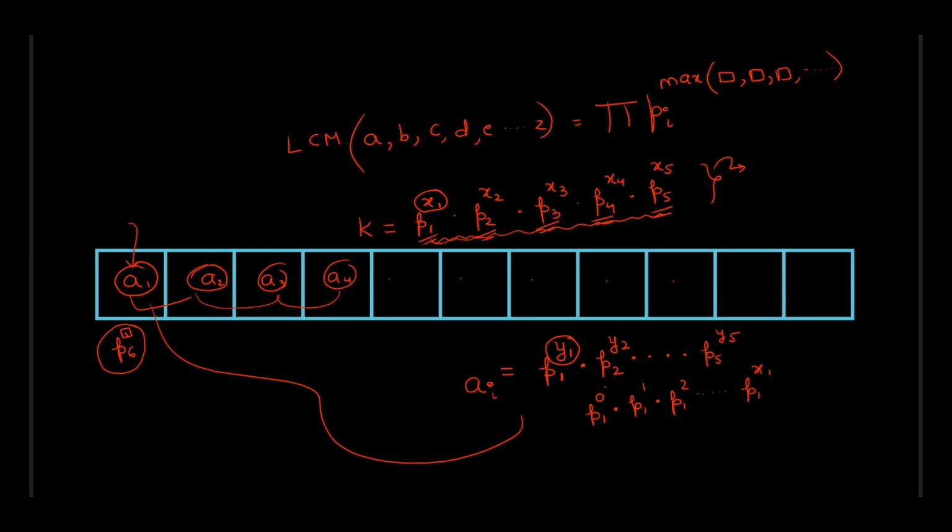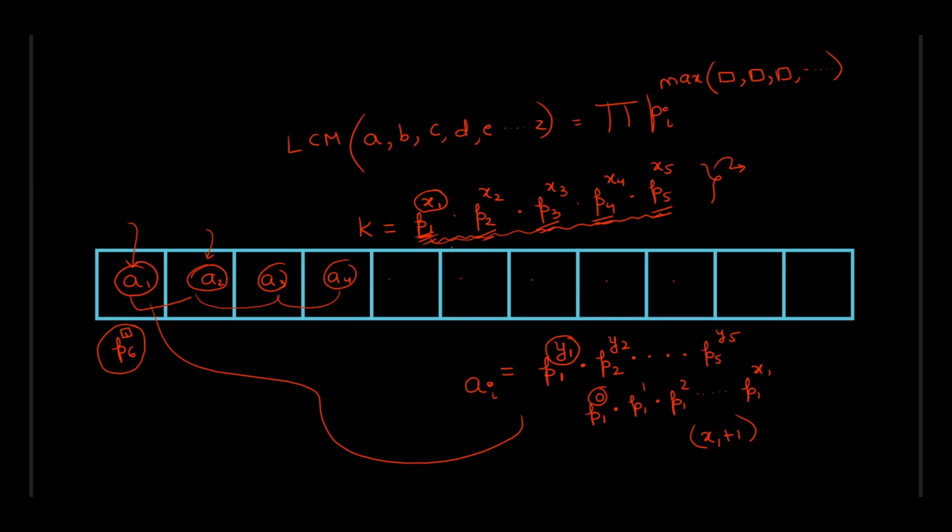So how many choices are there? You can have x1 plus 1 choices. Then how many choices are there for this prime factor in A2? You have this same x1 plus 1 choices. For A3, the number of choices remains the same.